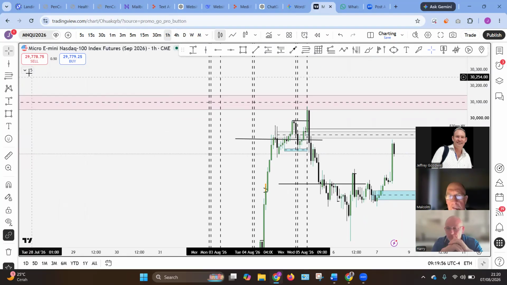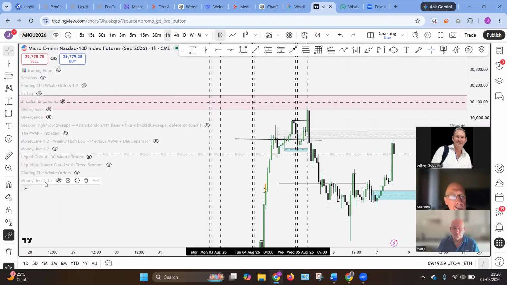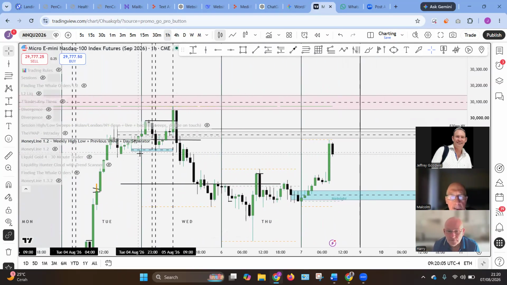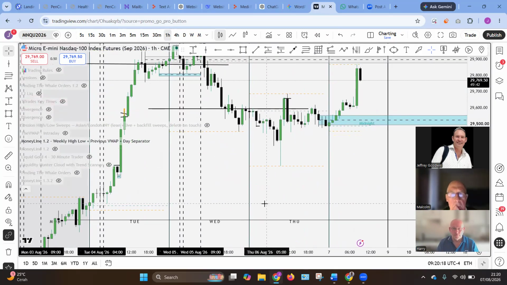Let's put that indicator on again, just so we can see the day separators. I know we've got lots of lines here, but that's one there. That's the Wednesday, Thursday. Let's look at Thursday.